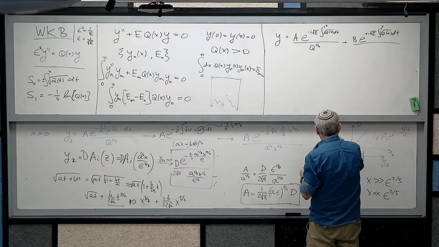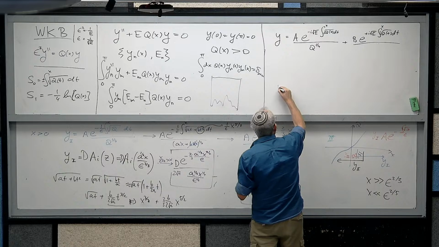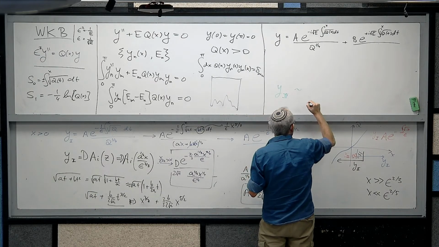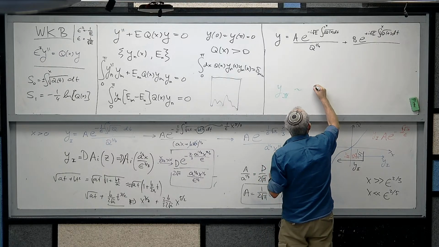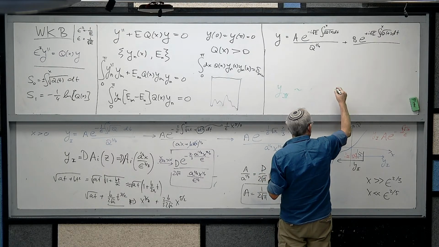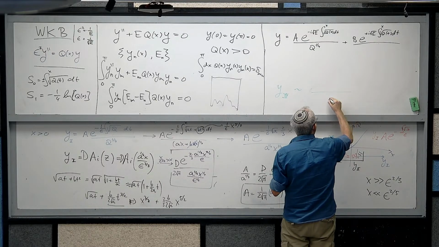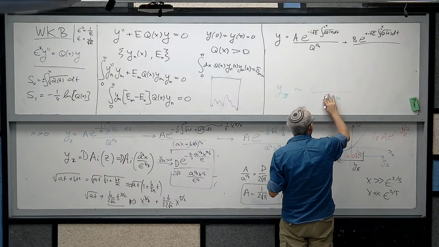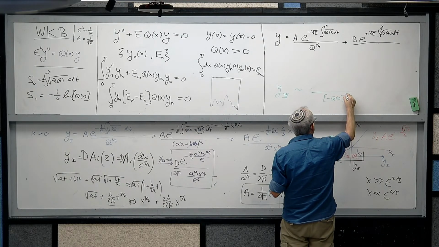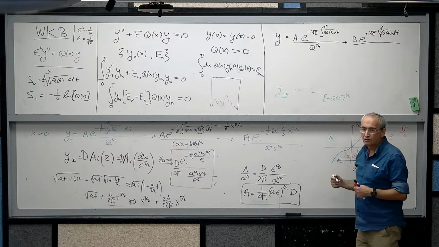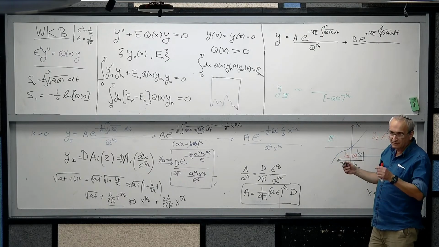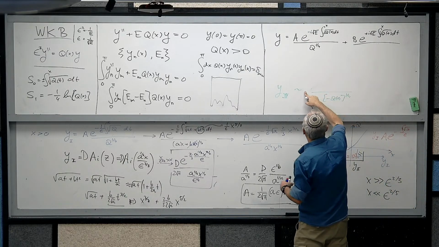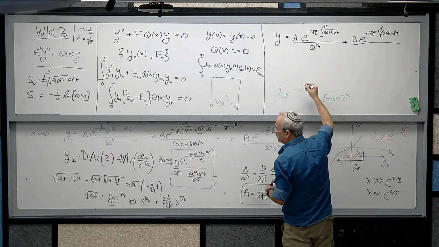In region number 3, I claim that y3 is asymptotic to minus q of x to the power of 1/4. Why am I taking minus? Because q is negative. All the i's are absorbed in the coefficient here, which I will call G.